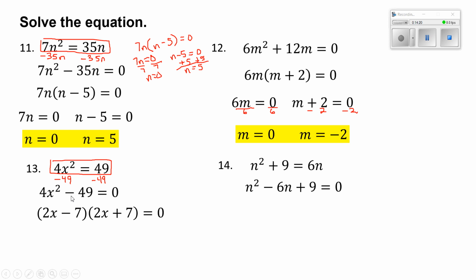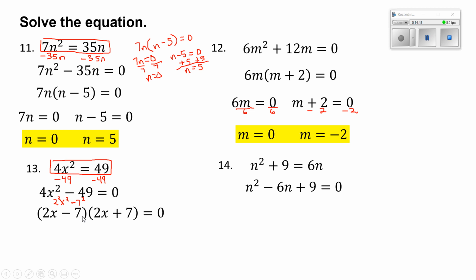And then we're going to have negative 7, right? This is the same as when we did this over here. We said we'd have 2 squared and then x squared. And that'd be a minus 7 squared, right? And then again, because we got a negative, we know that one has to be negative, one has to be positive. So we take the 2x minus 7 here and the 2x plus 7 here. Now we've got a factor.